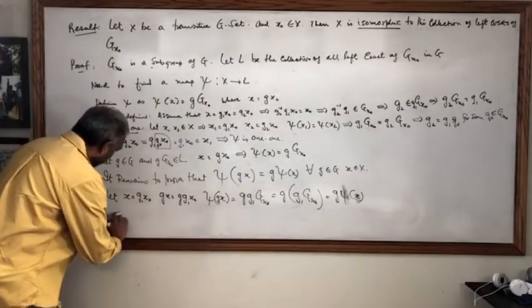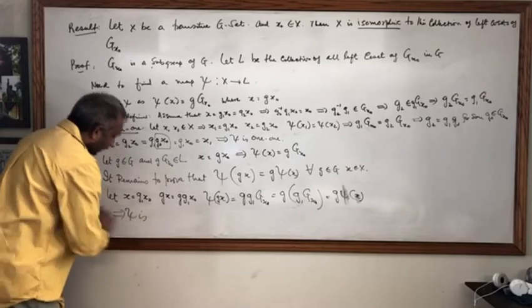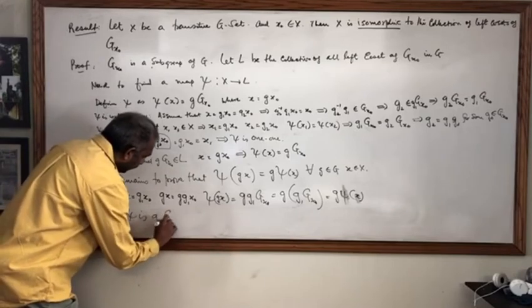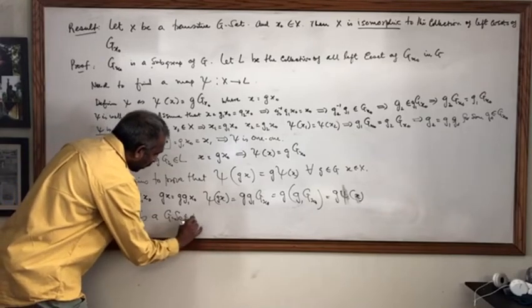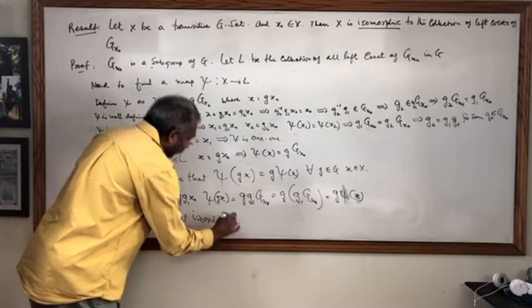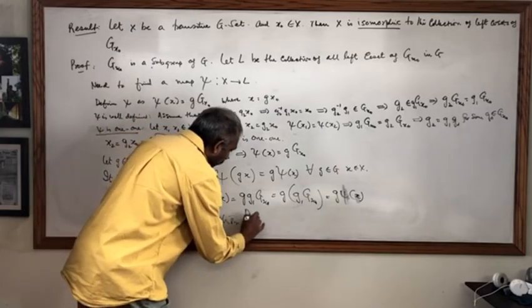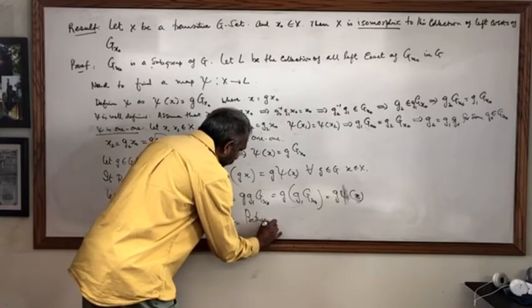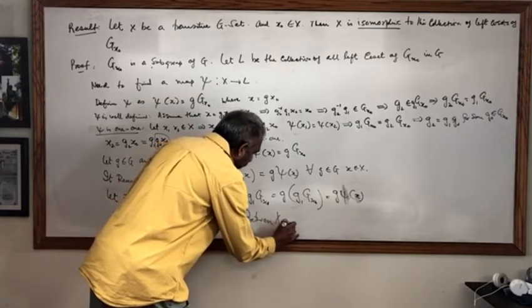So that means psi is a G-set isomorphism between X and L.